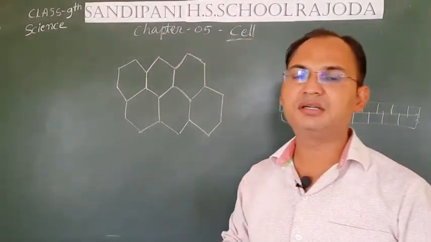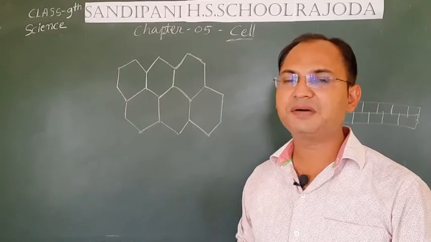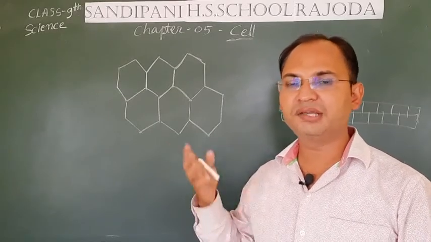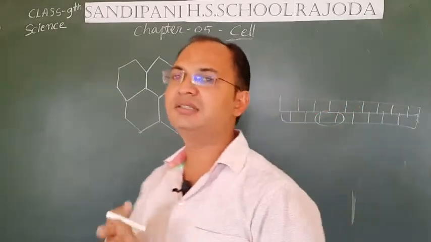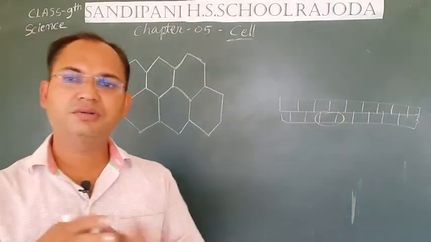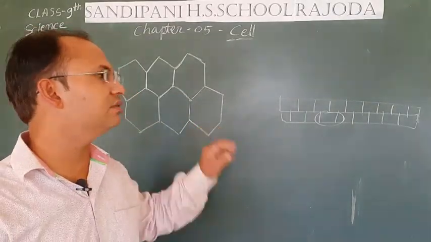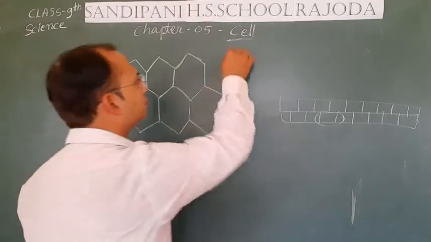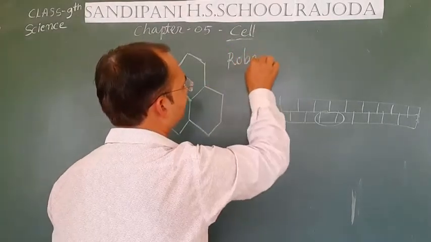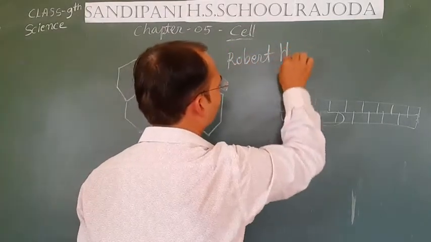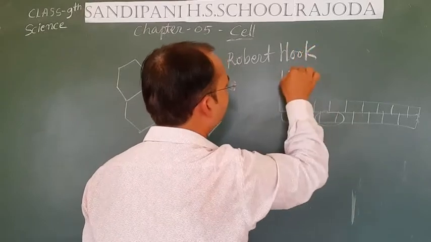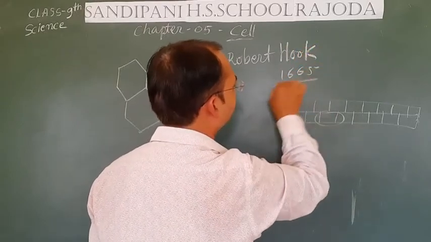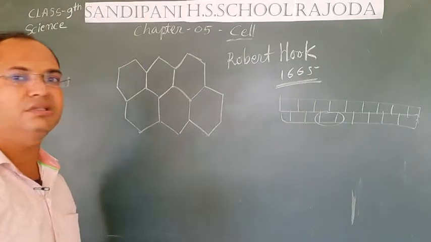Because that microscope was not very powerful, he was unable to see the things inside the cell, but he observed the cell like this. Robert Hooke, in the year 1665, first of all discovered the cell.